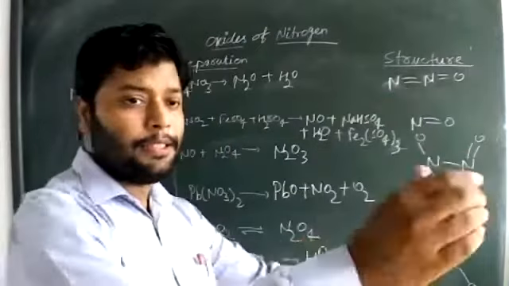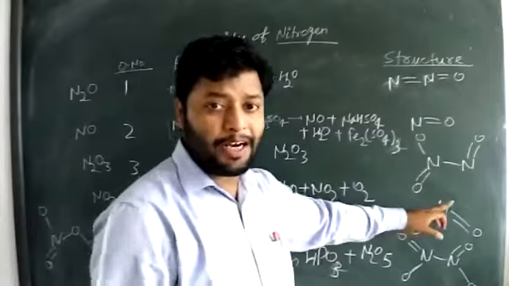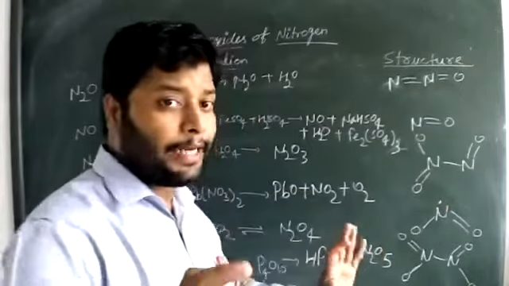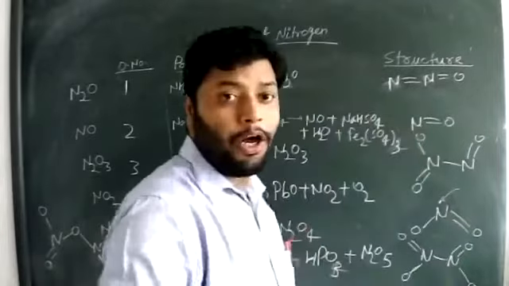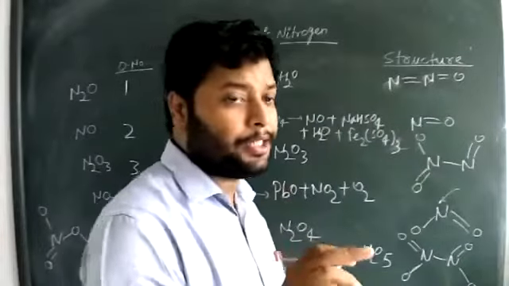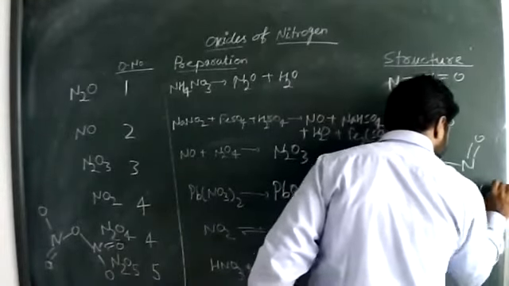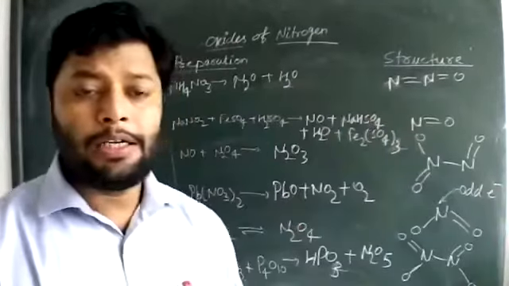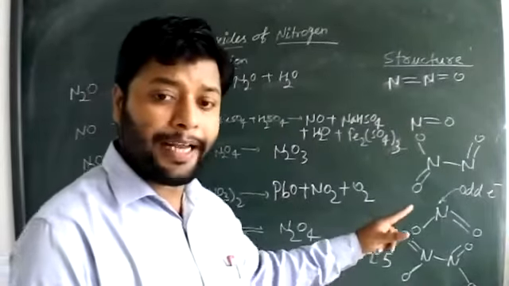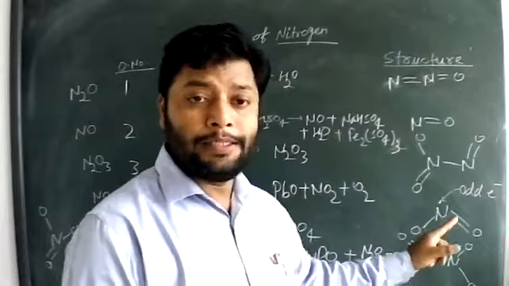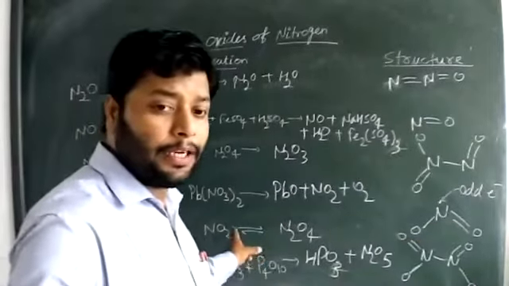The explanation for the dimerization of NO2 is the presence of an odd electron on the central nitrogen atom. This odd electron, also known as a free electron, is responsible for the dimerization of NO2 into N2O4, and this is a reversible reaction.